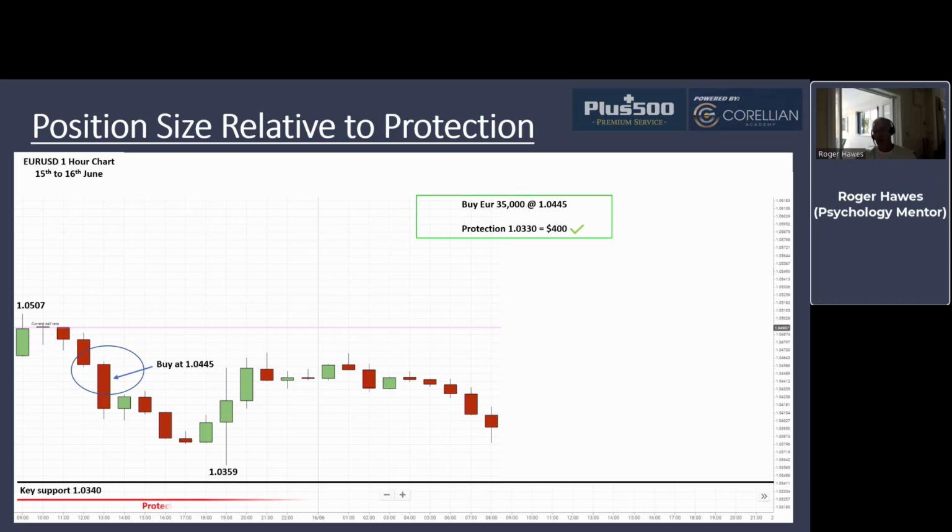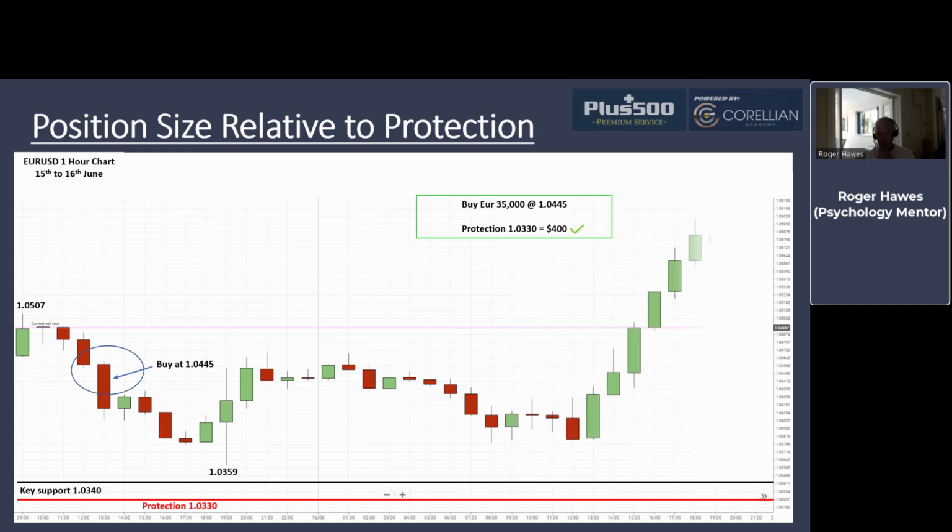And as we see, the calculation is there: I should be going into this trade with just a 35,000 euro position at 104.45. If unfortunately I get stopped out, I know I've been stopped out at the right level, because if the market goes through there, it's a significant support level, and I should be happy that I'm out.